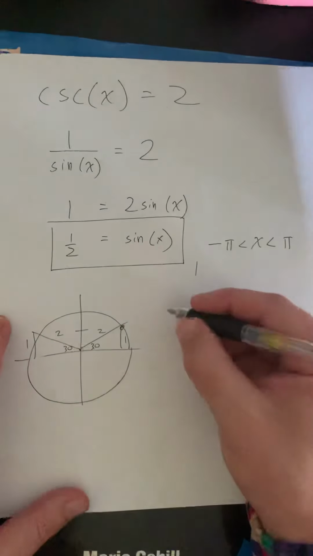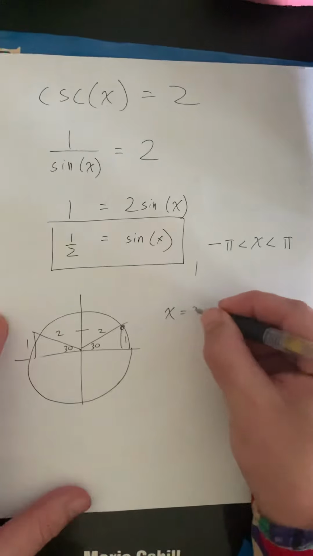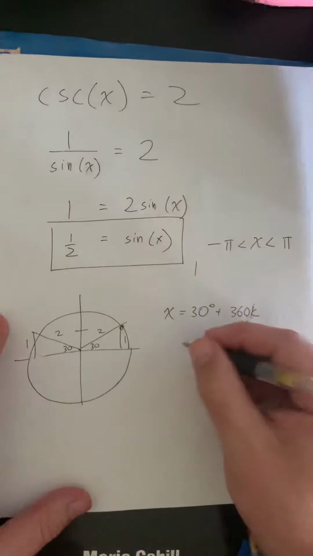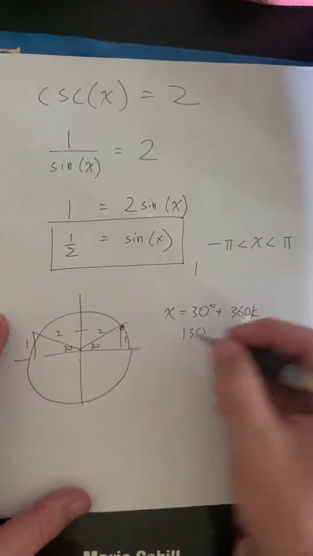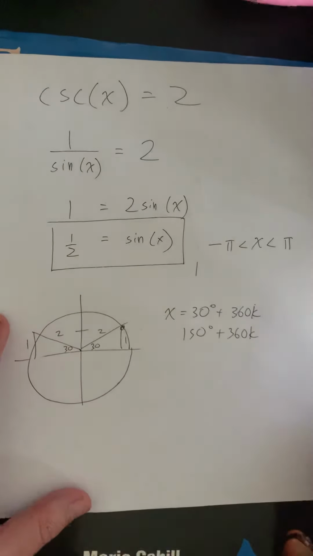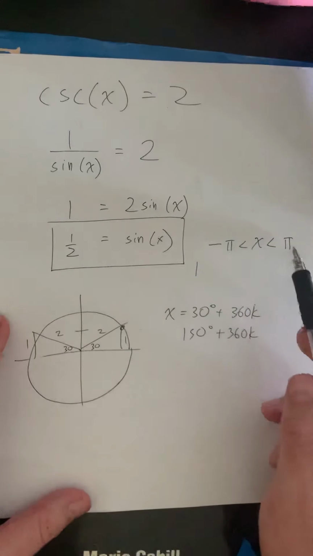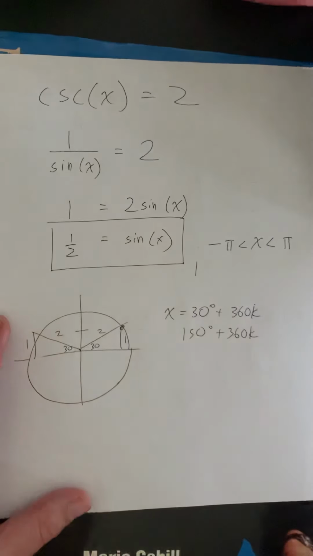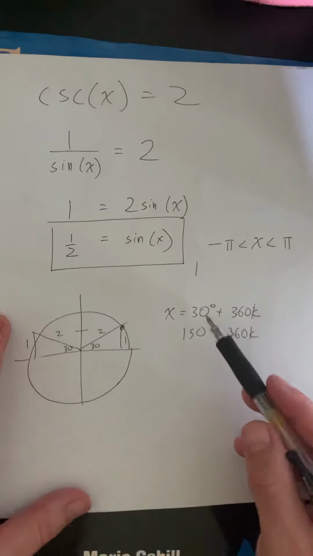So if we put infinite answers, we would have 30 plus 360k and 150 plus 360k. But we need to figure out which of these fit between negative pi and pi. Notice, is negative pi and pi in degrees or radians? Clearly radians, so our answer needs to be in radians too. So rather than 30, we're going to say pi over 6.